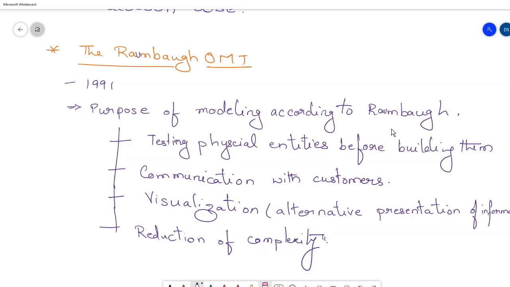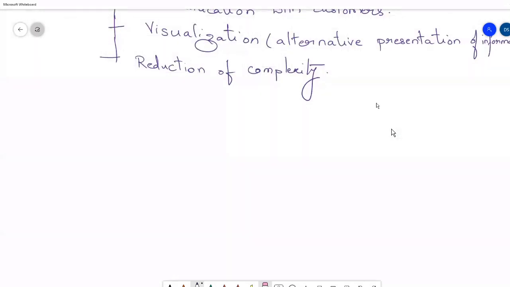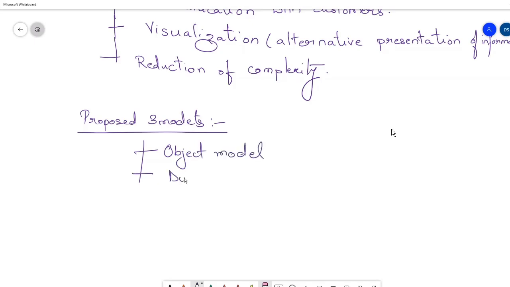Now Rumbaugh proposed three models to fulfill these purposes and make the technique better. He proposed three models: object model, dynamic model, and functional model.